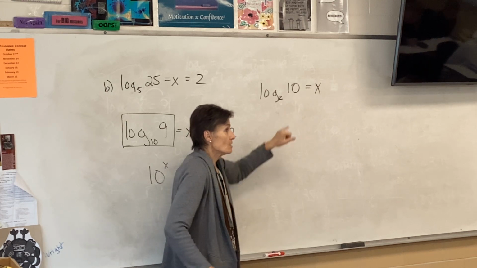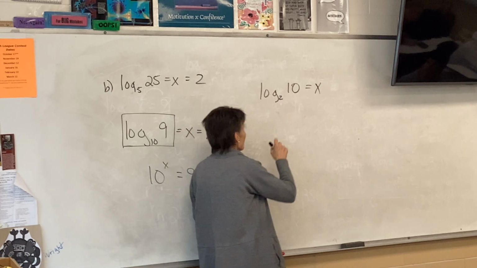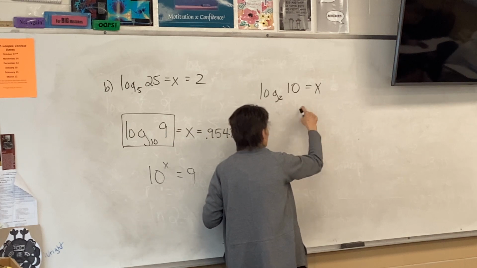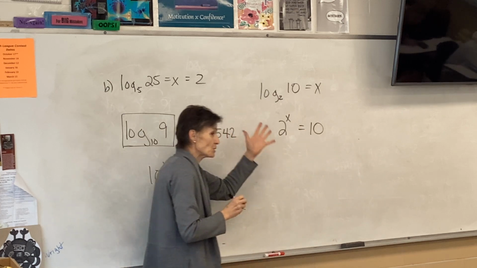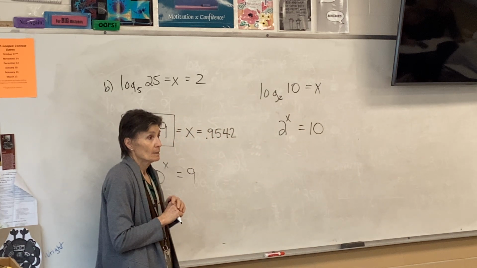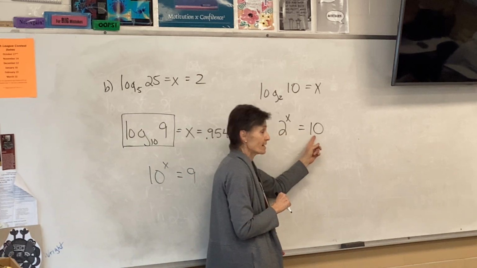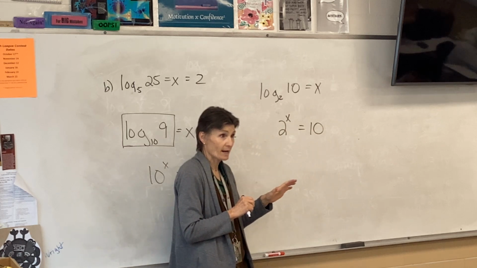Okay? So how that's done, it's called the change of base formula, and how it's done is, we go ahead and change this into its exponent form. Now, 2 to the x equals 10, there's no common base here, so I'm going to take the log of both sides.